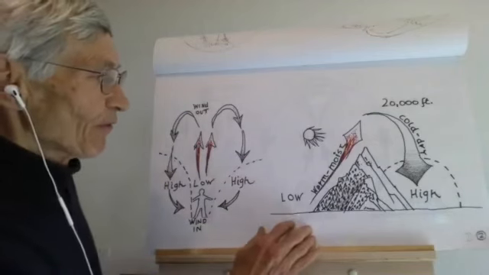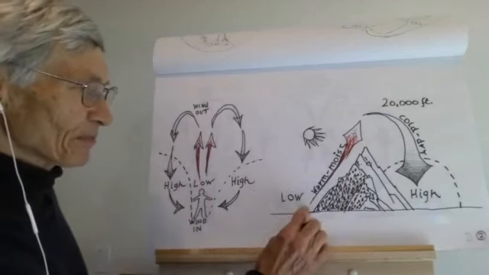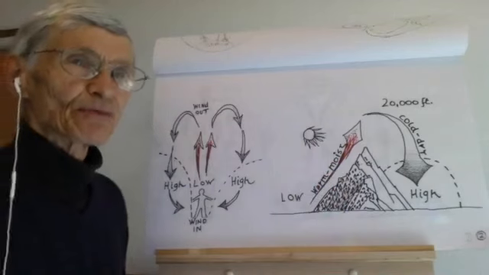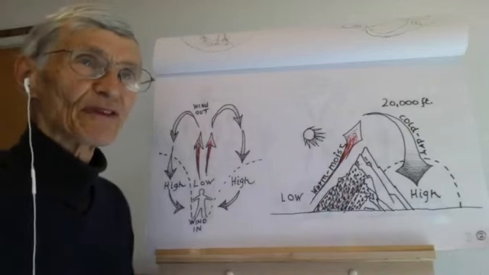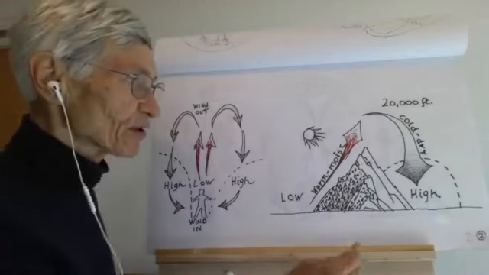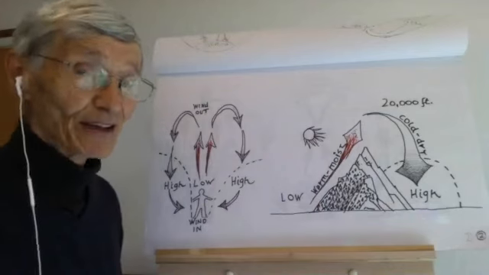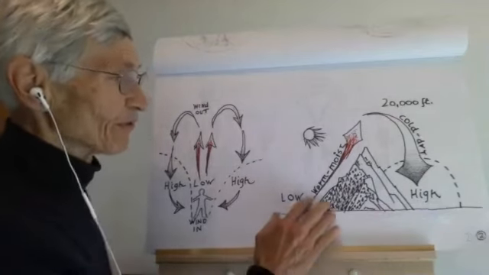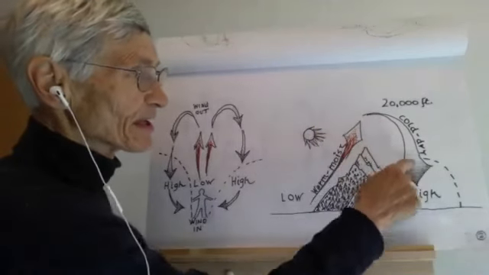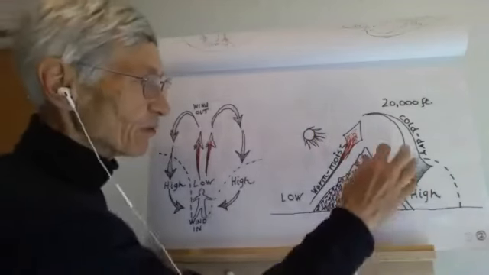If I'm here at the base of a mountain and the warm air is rising, the pressure around me, if I had a barometer, would be much lower than it is on the other side of the mountain. The reason is that as the warm air rises up over the mountain and cools, the cold air that's descending is dry and cold and will come down.